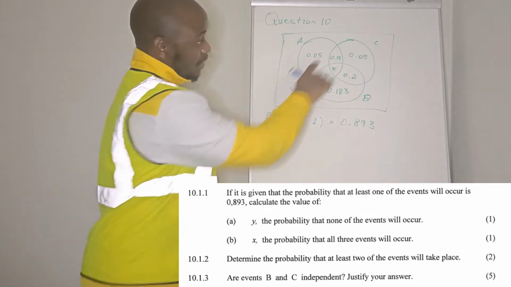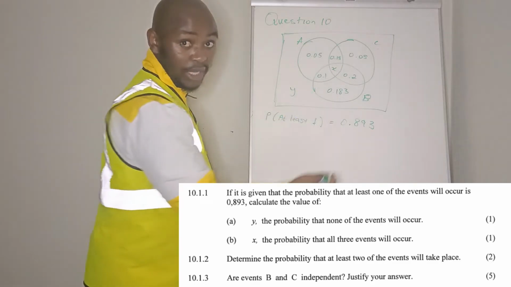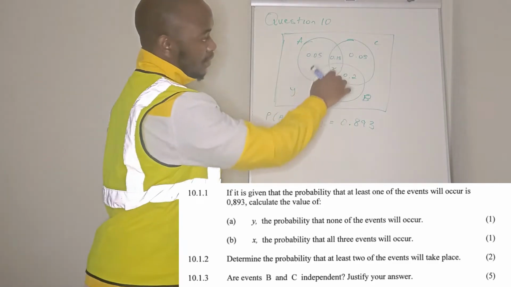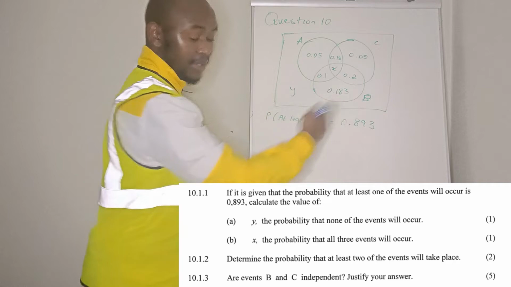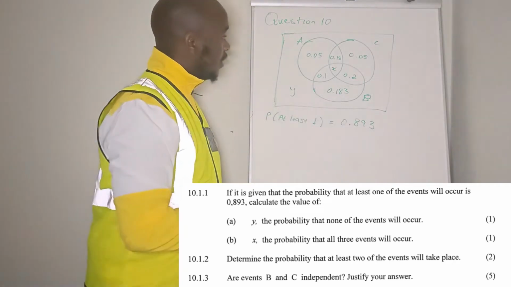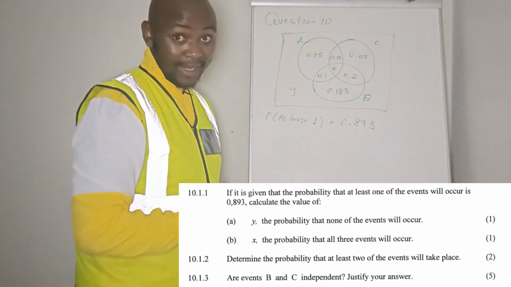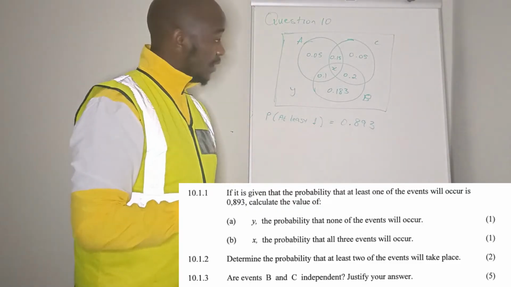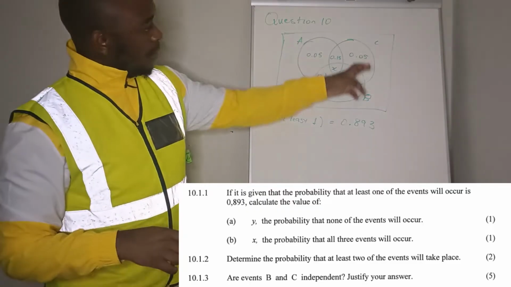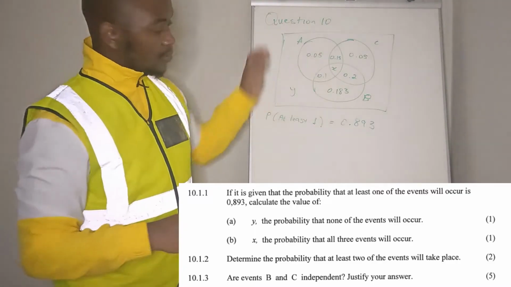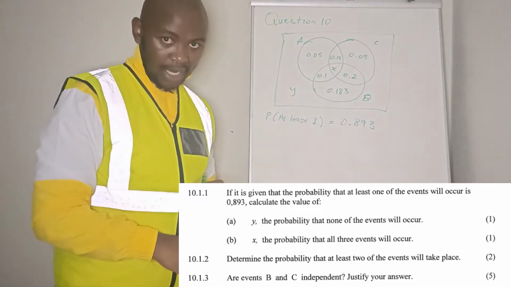This is the event that none of these occur, and these are the events that, let's say, A occurs, C, B, and so on. So all of these probabilities should add up to 1. I repeat that. All of the probabilities within this sample space should add up to 1.